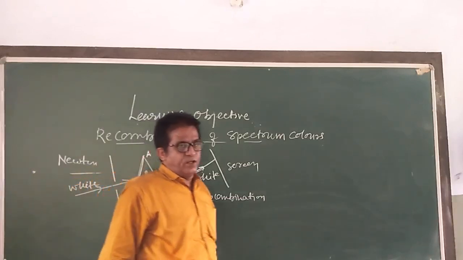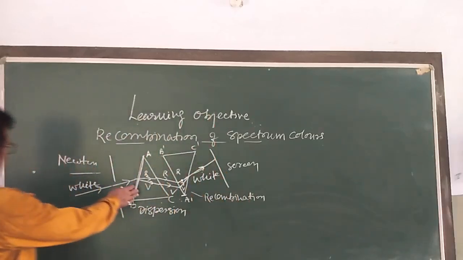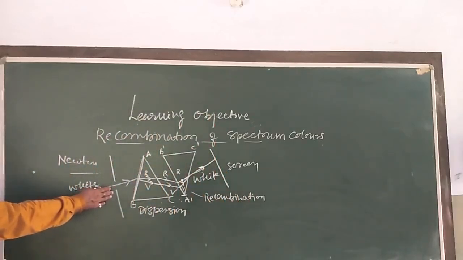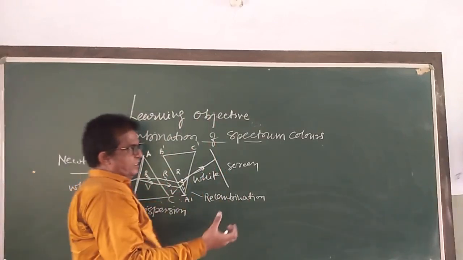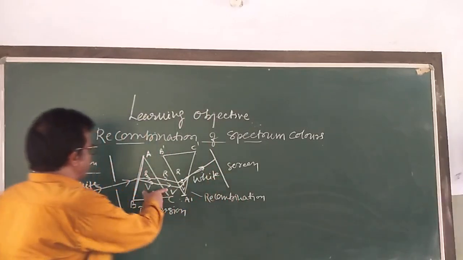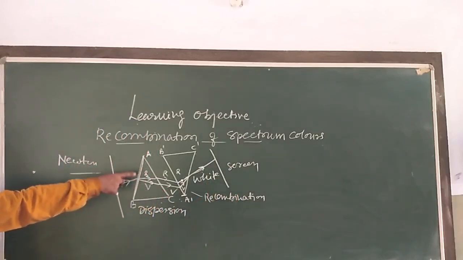The first prism disperses the white light into the 7 colors, as you can see here. The second prism receives the 7 colors. Second prism क्या कर रहा है? It receives the 7 colors and recombines them into the original white color.